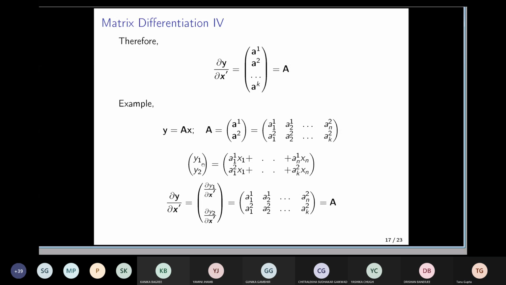Multiplying the first row with vector x will give you y1, and multiplying the elements of the second row with vector x will give you this dot product, and it has to be a2n.